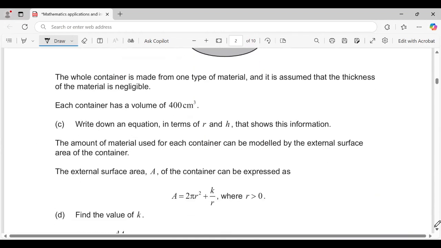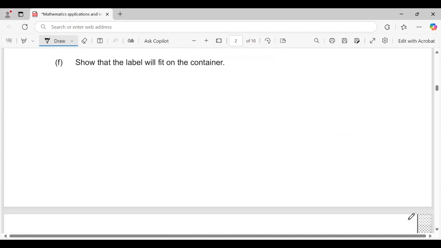Let's solve part A. The total width of the table is 5 centimeters.